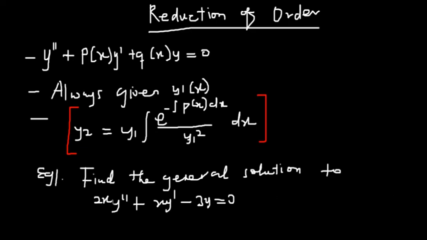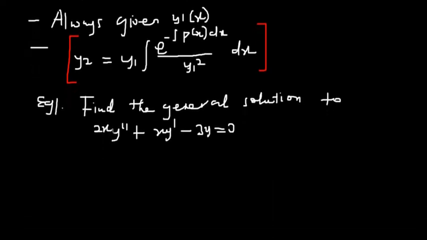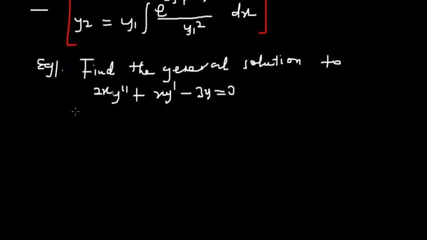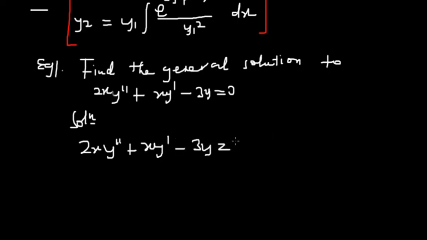Now let's see how we go about solving this question. So let's rewrite the question: 2x squared y prime prime plus x y prime minus 3y equals 0. Keep that in mind.